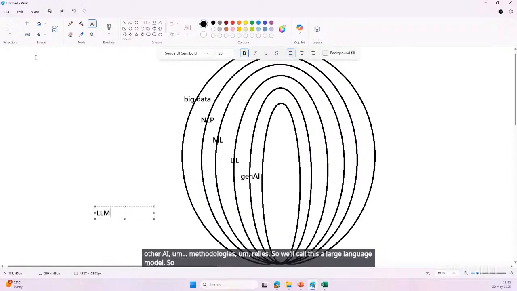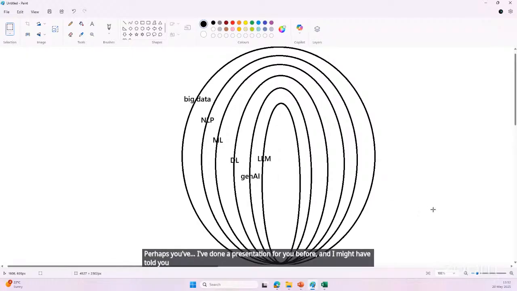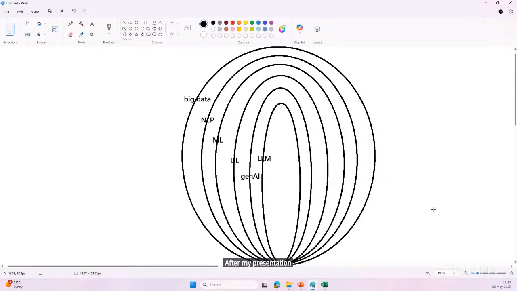So here's a practical example of a large language model. Perhaps I've done a presentation for you before, and I might have told you the story before, but so be it. I was at an AI conference where I was fortunate enough to be asked to do a simple presentation. After my presentation, a student from TUT, the TUT Student Council was there.